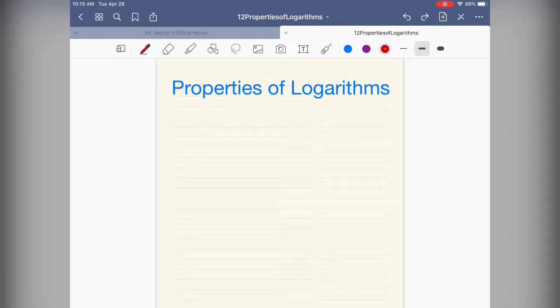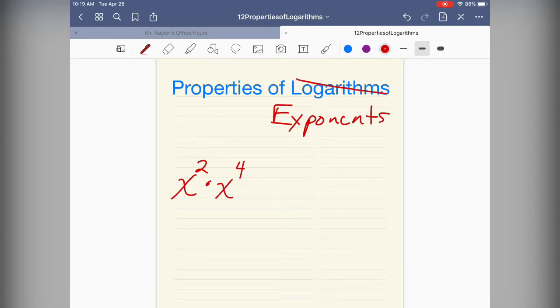So wouldn't it make sense to say, well, geez, if a logarithm is an exponent, then this would be the same thing as properties of exponents. Well, actually, there is some truth to that. Just like we've learned, and it's a very familiar property, I hope, that if you're multiplying, you add the exponents, you're going to find out with logarithms it's the same. If we're adding logarithms, that meant it was a multiplication problem.